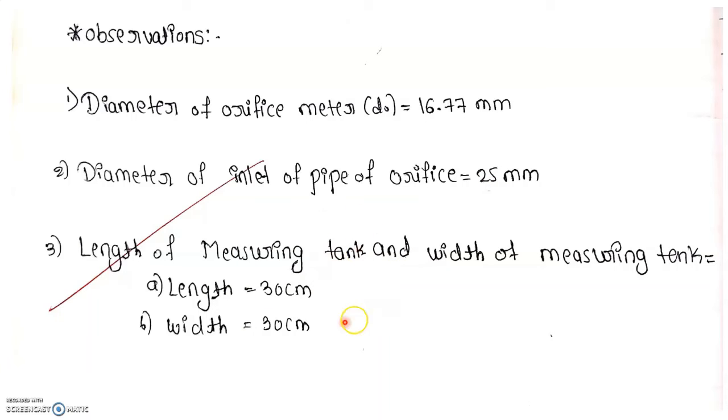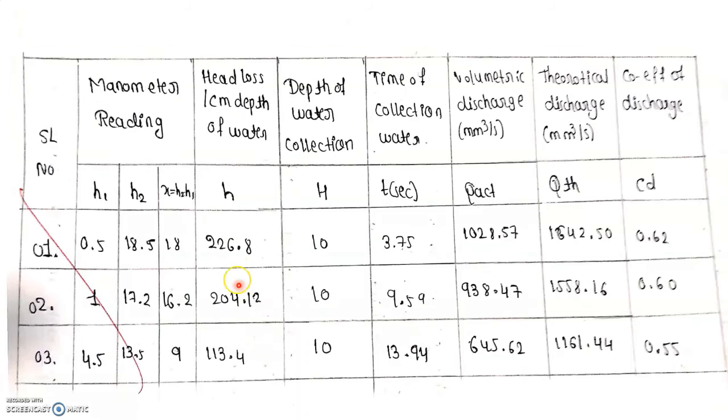You have length A as 30 centimeters and breadth B as 30 centimeters. When we conducted the experiment, we recorded this data. For the first trial you can see we have recorded the left and right limb readings, and the difference X is represented here.